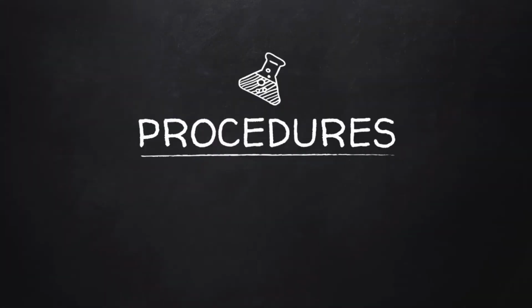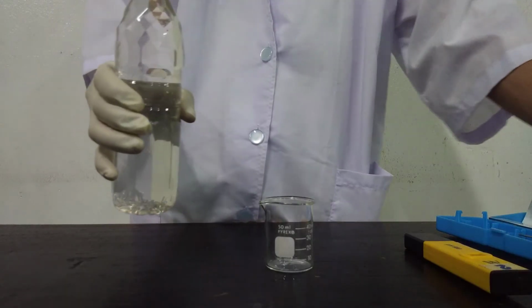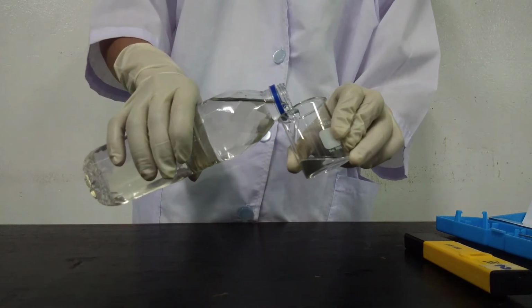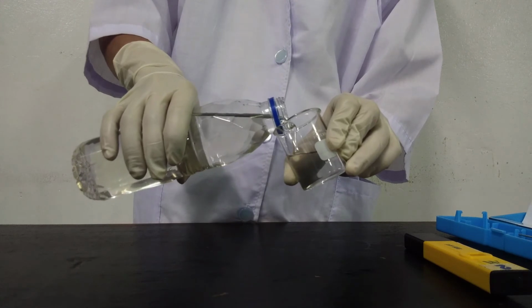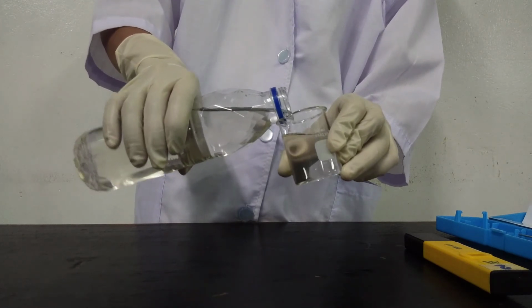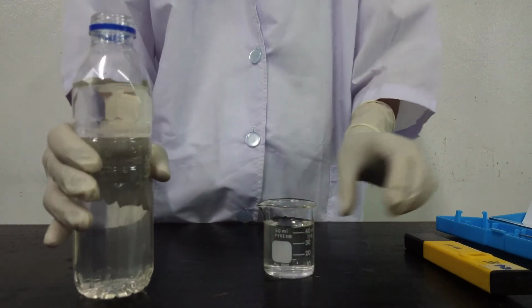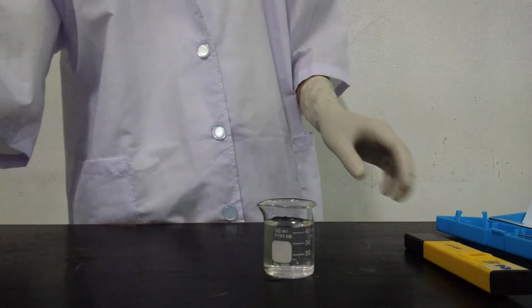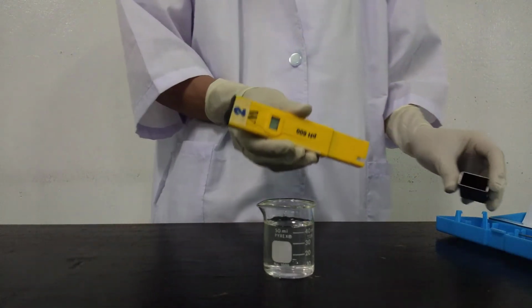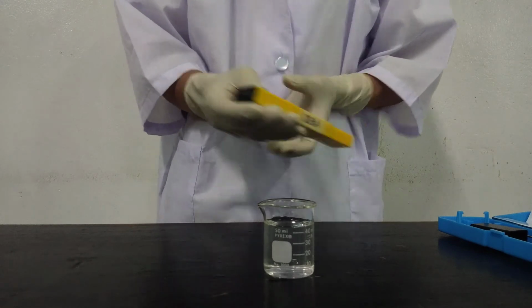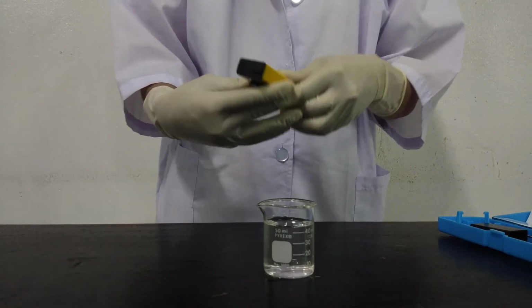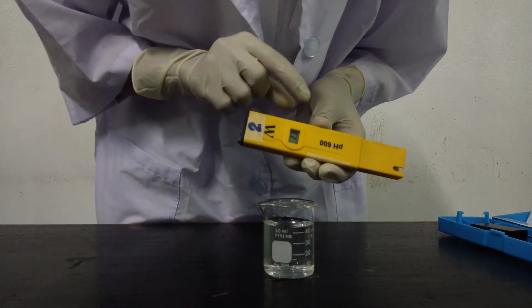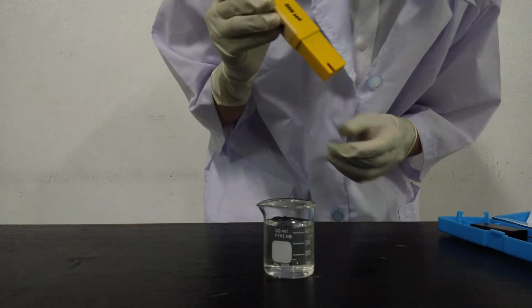Now moving to the procedure of the experiment, the first step is to pour your water sample into the 50 ml beaker. Remove the cap of the pH meter, turn it on, and check that the display is already turned on.